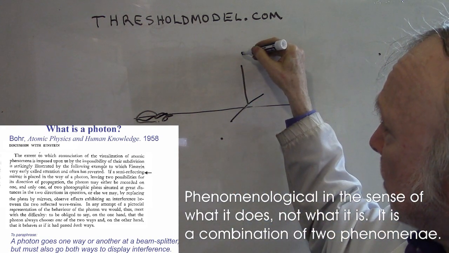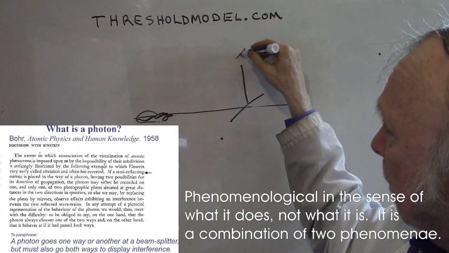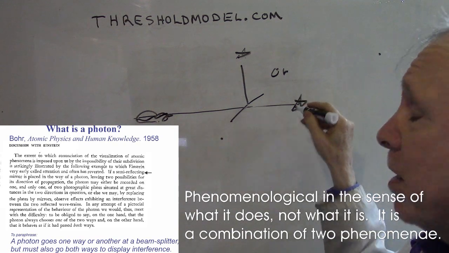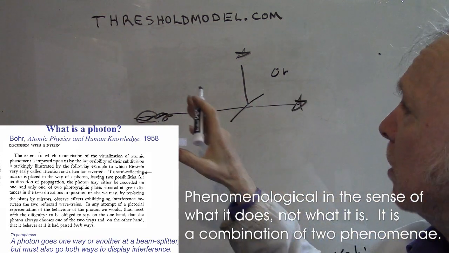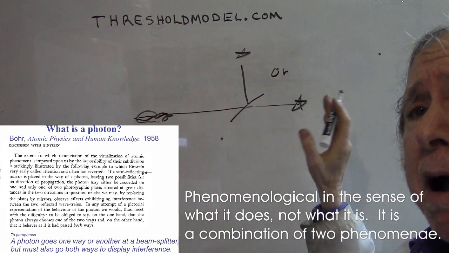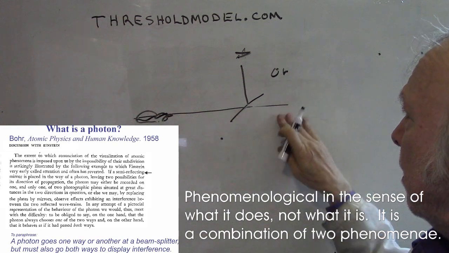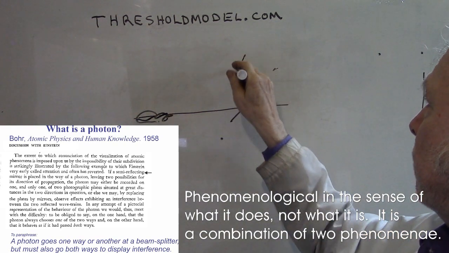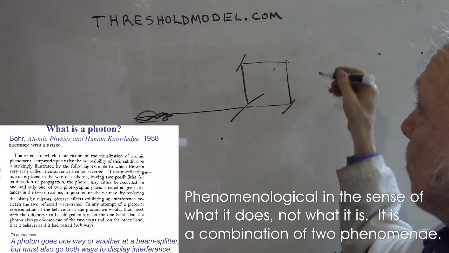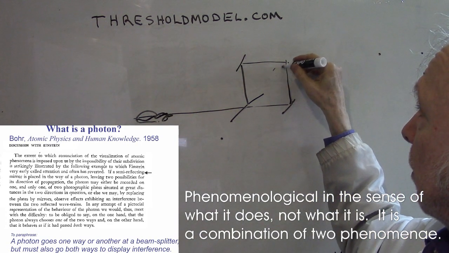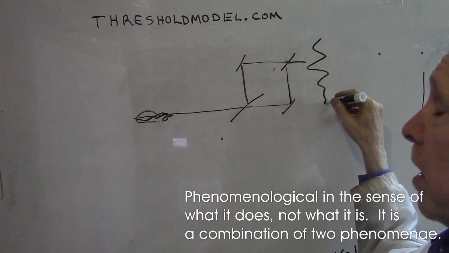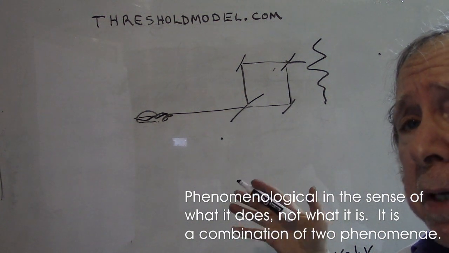It's supposed to make a click only in one direction or the other, but not both at the same time. If you have a one-at-a-time source here, it'll go here or there. Now, part of that same definition is that if you were to reconverge the beam in a Mach-Zehnder type of interferometer, over here you'll see an interference pattern, a wave pattern build up.